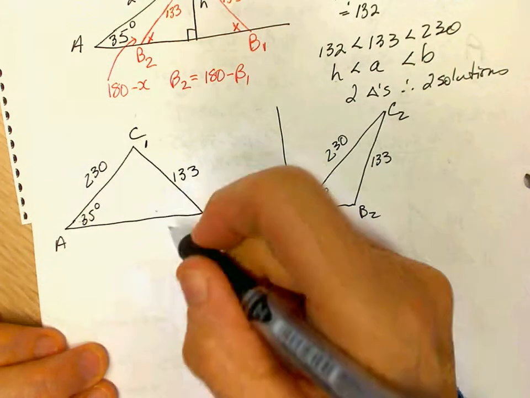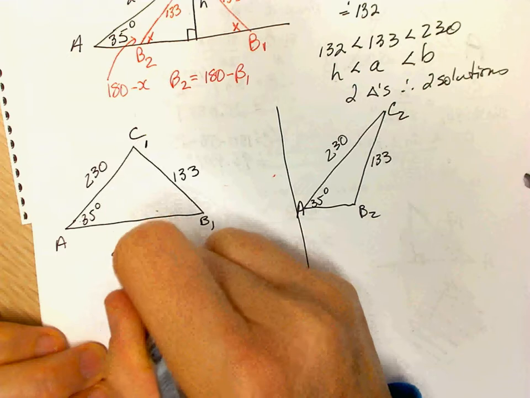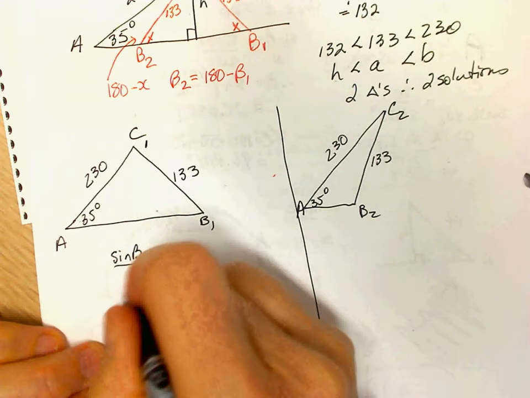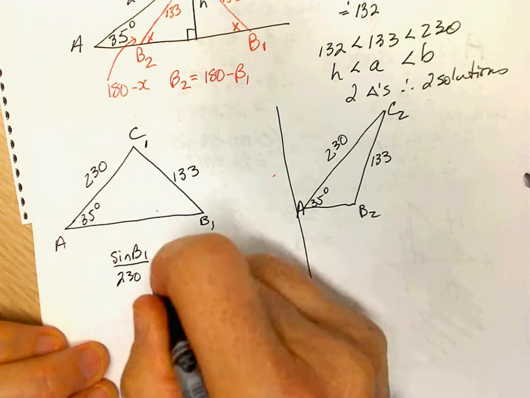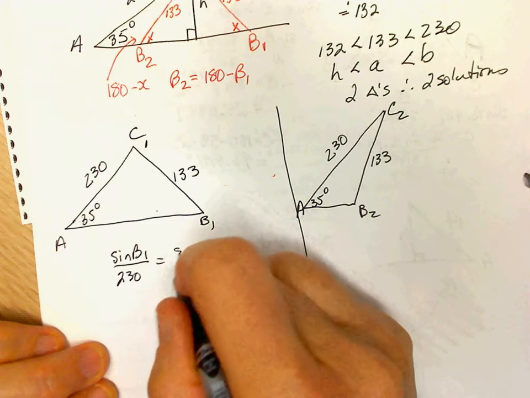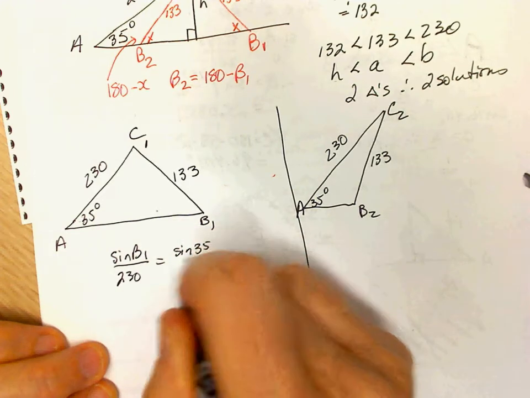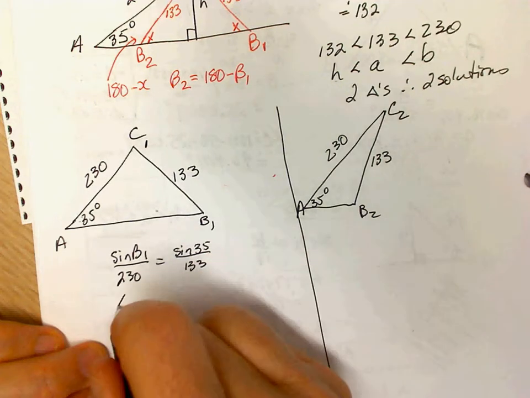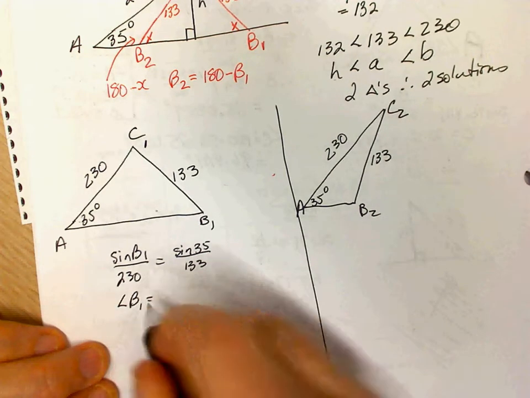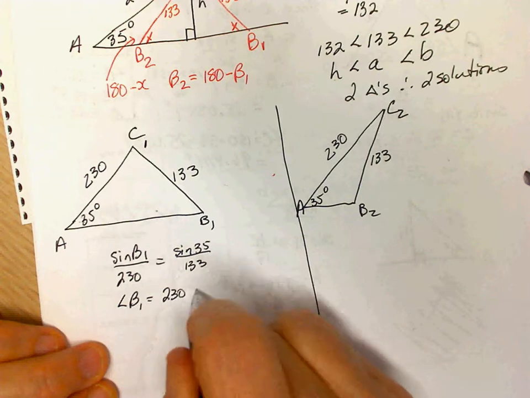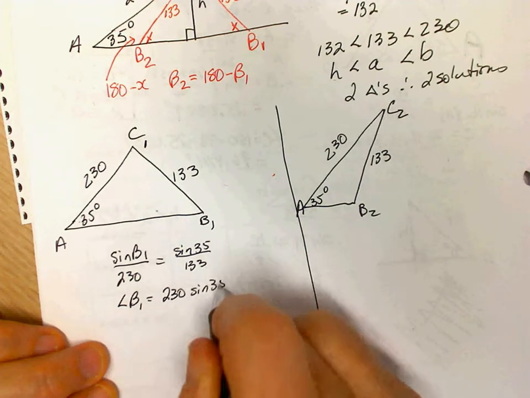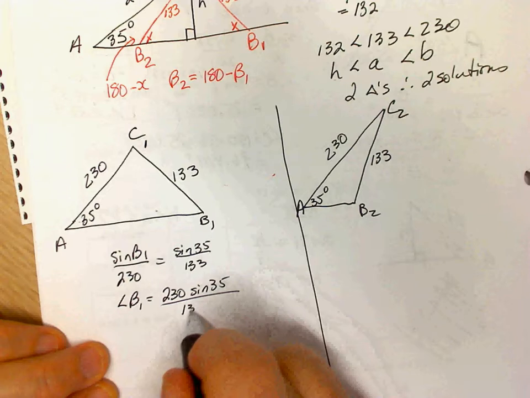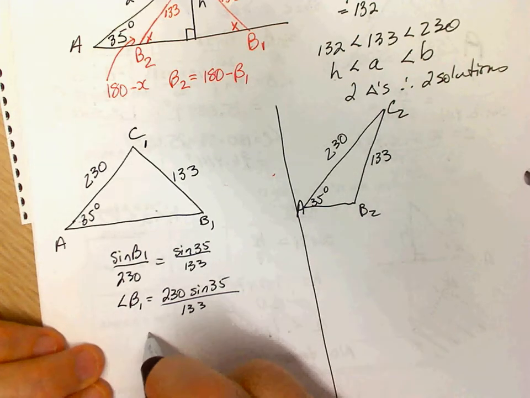Sine B1 over 230 is equal to sine of 35 over 133. Angle B1 is equal to inverse sine of 230 sine 35 over 133, and angle B1 is approximately 82.